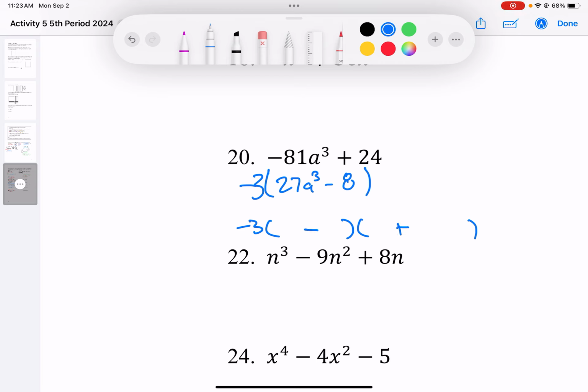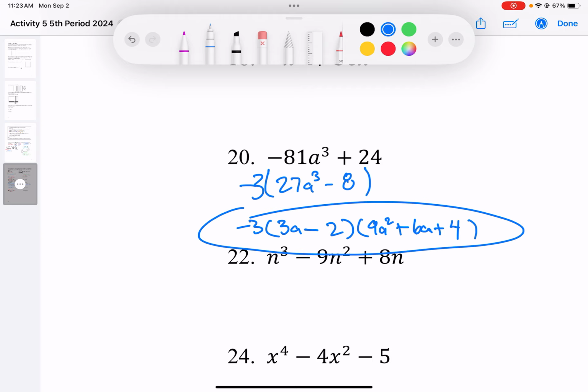So the difference plus, the cube root of 27 is 3. So that's 3a. Cube root of 8 is 2. And then that'd be 9a squared, 6a, because I'm timesing those two together, and then 4. Whew, this is awesome. There's a lot.